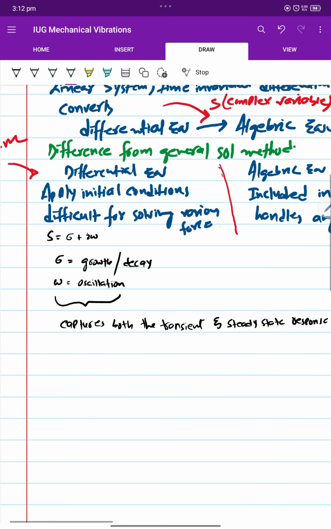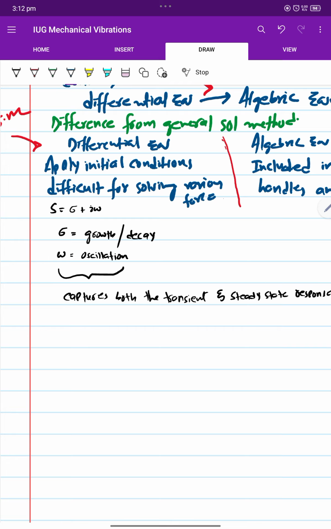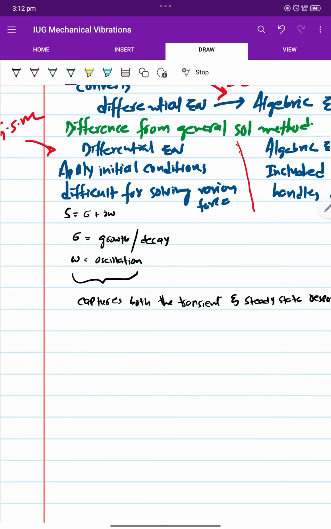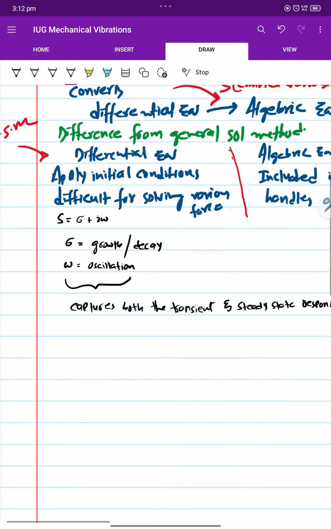What is this complex variable? This complex variable is a combination of sigma plus iota omega. Iota is an imaginary number.